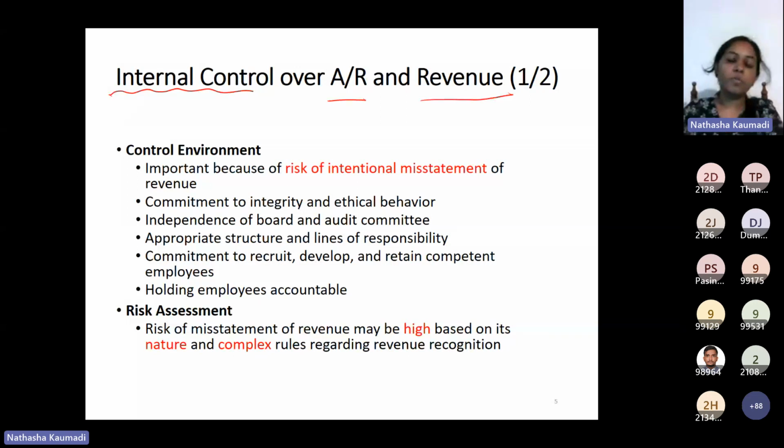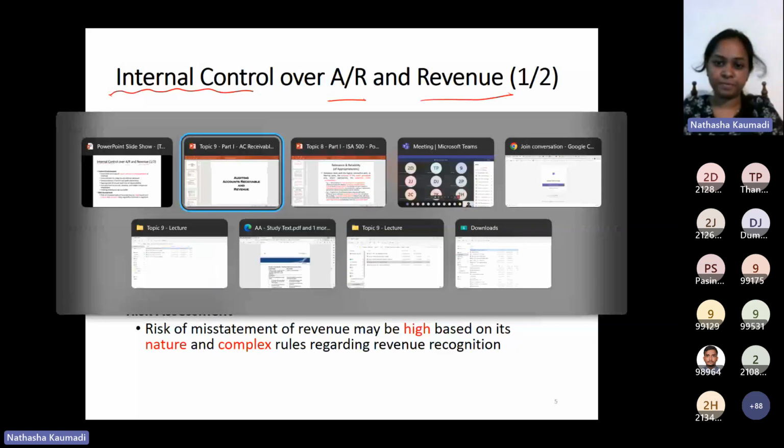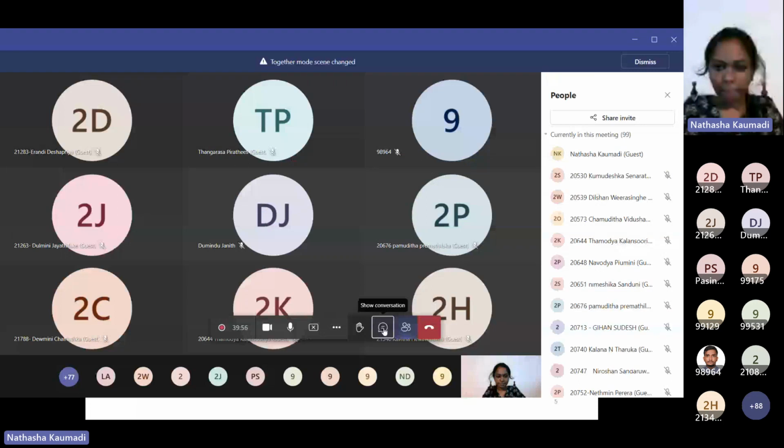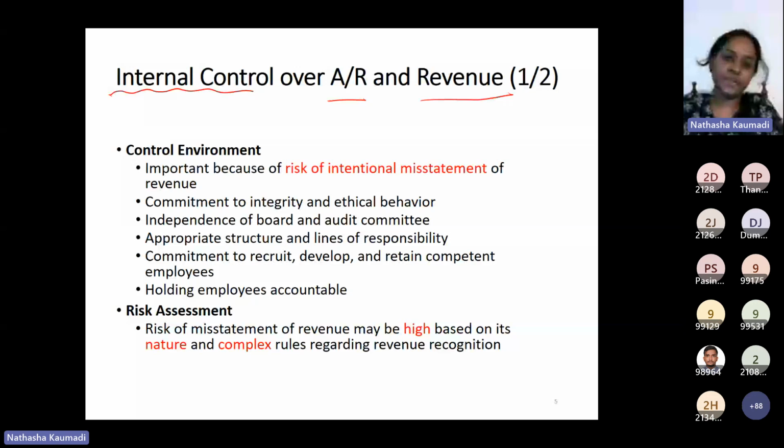Now, how many components are there in a sound internal control system? What do you think? Give me a second. Okay, so how many elements are there? Now there are 5 elements in an internal control system. What are those?